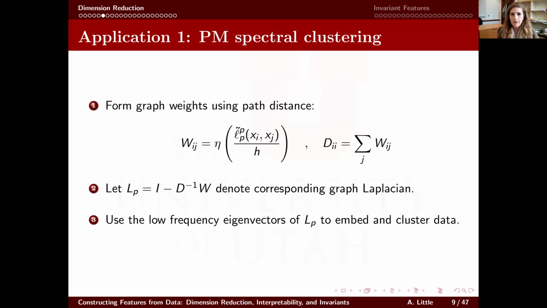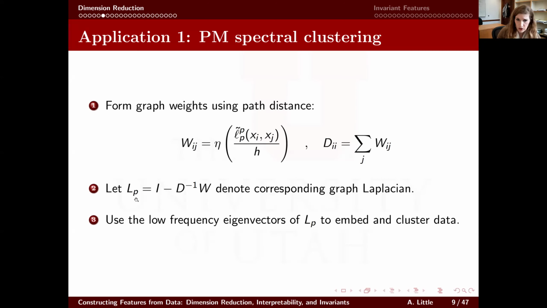And so let me tell you about a few different cool things you can do with this metric. First of all, you might want to cluster your data. For example, you could combine this metric with spectral clustering. Let's assume you make a weight matrix where you connect data points xi and xj using some kernel function eta, but essentially based off of this power weighted path distance.